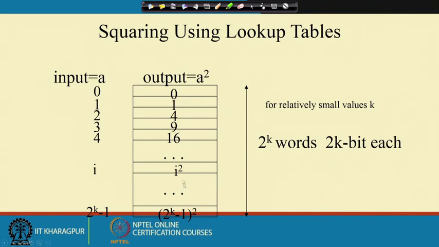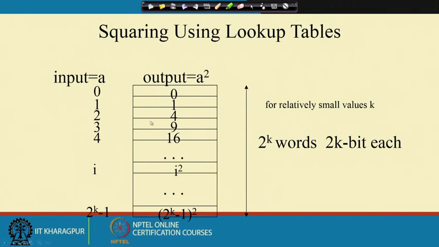Not only this 1024 depth, it will also increase the width. Okay. So, along with the 1024 depth, each stored entry is 20 bits. So, I require 20 bits. Okay. So, in total 1024 into 20. That will be the size of this ROM.